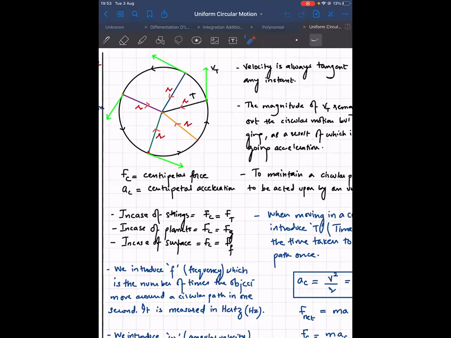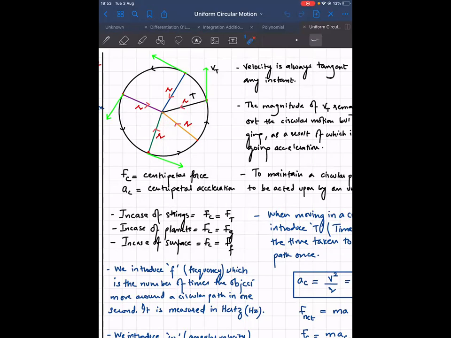For example, I'm standing over here, and this is an object attached to one end of a string. The other end of the string is in my hand, and I'm whirling it around myself.